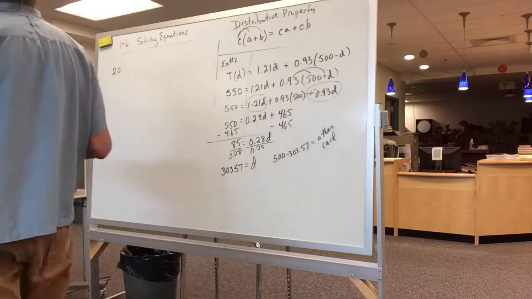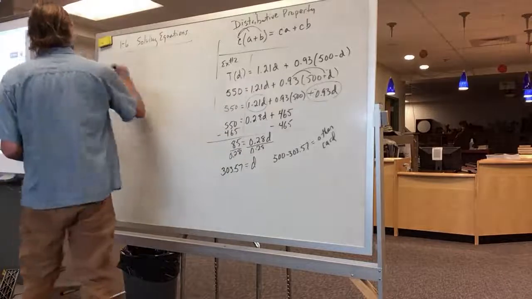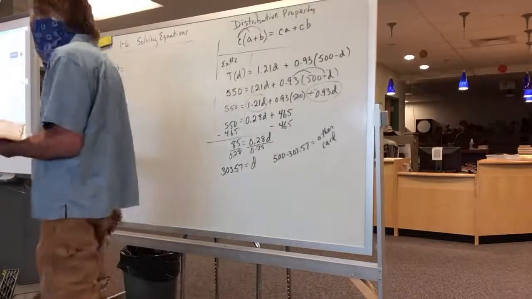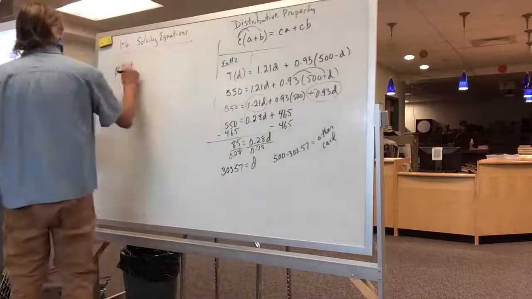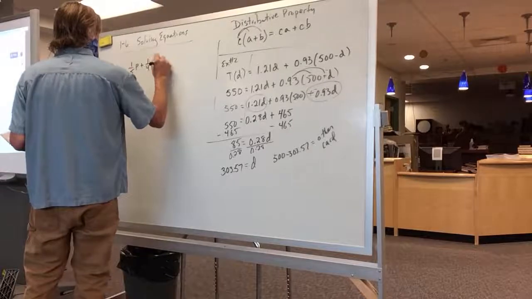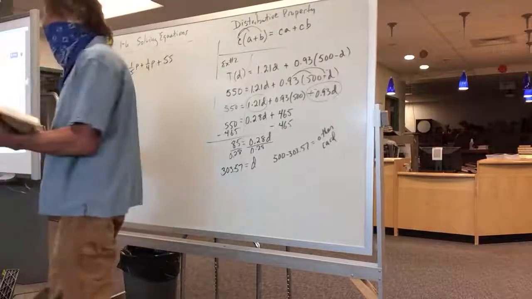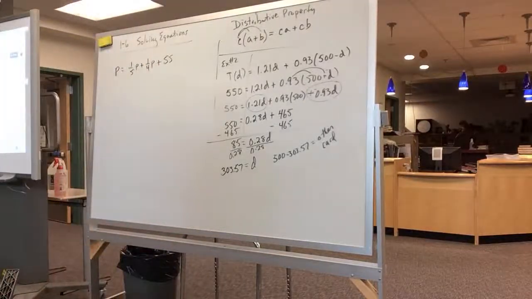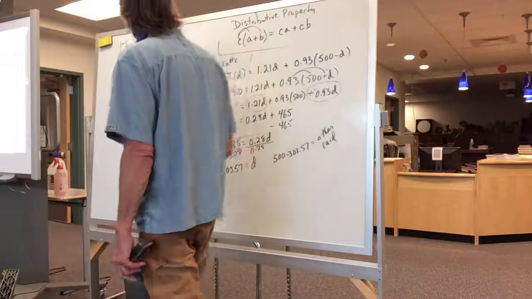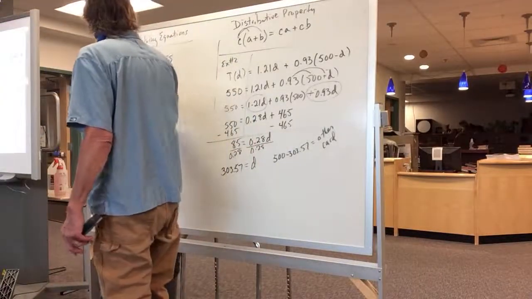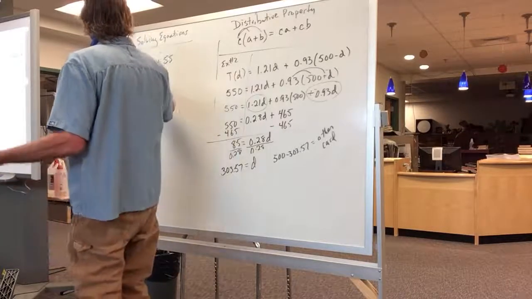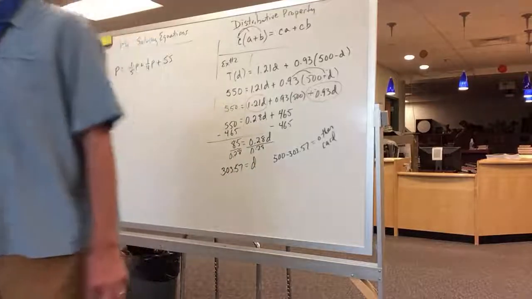If we say that P is equal to the total number of points, then we have 1/5 of the points by one player, 1/4 of the points by another, and then 55 remaining points by the remaining members of the team. We want to figure out how much each of these players scored, and we can also figure out how many points were scored in the game.